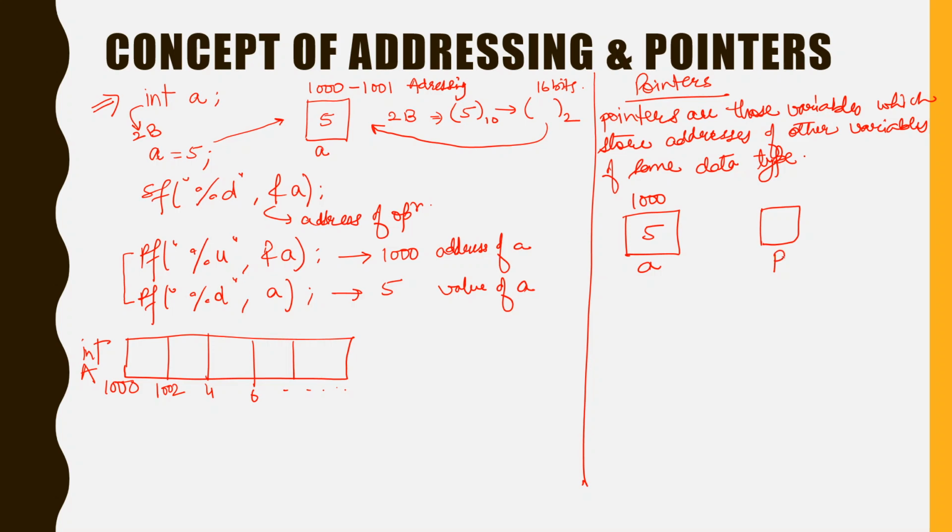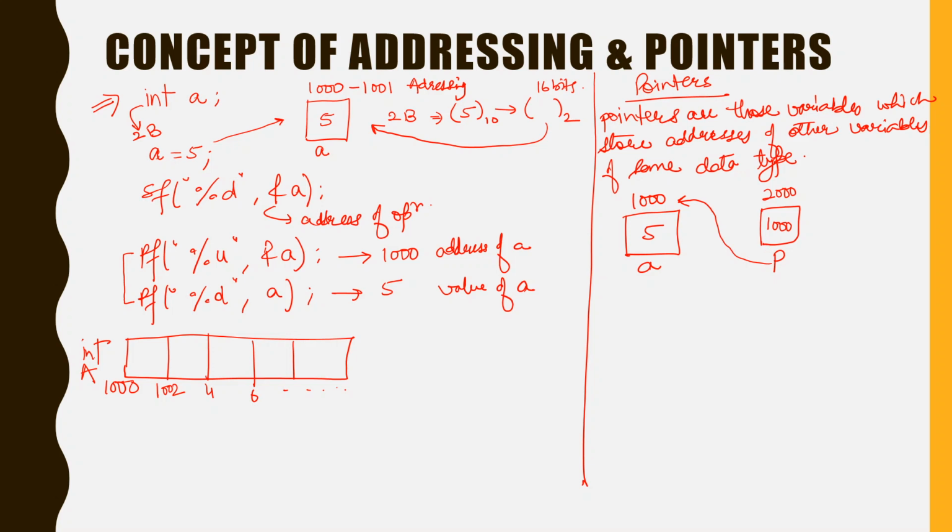Since p is a variable, it would also have its own address. If p needs to point to this variable a, it will store the address of a in it.